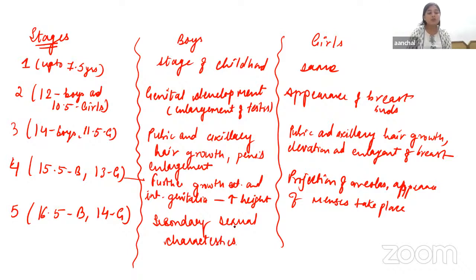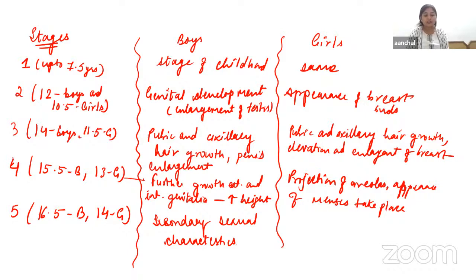So here, broad shoulder, more muscular body will be there. Appearance of hairs all over the body. Larynx gets enlarged. Vocal cord will increase. Then also phalange enlargement will be there. And there will be development of both internal as well as external genitalia.